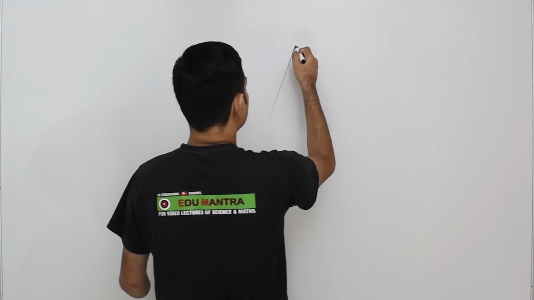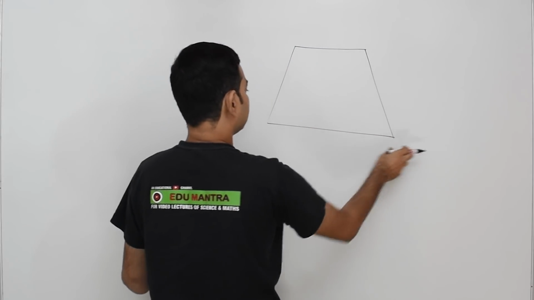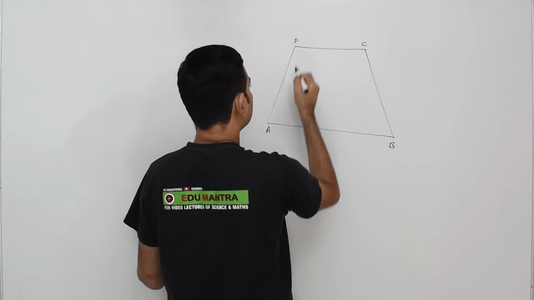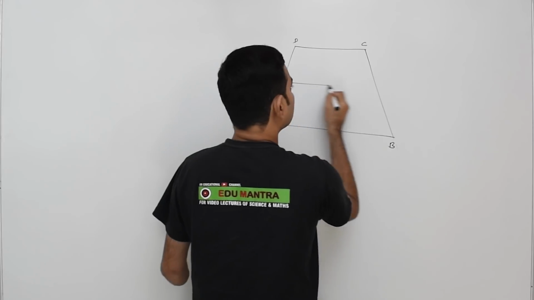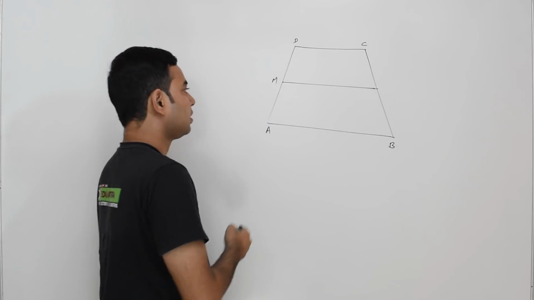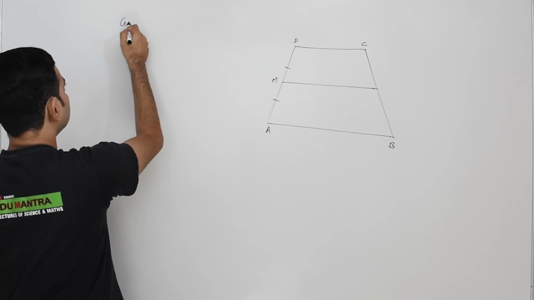A question based on trapezium. This is trapezium ABCD. So M is the midpoint of AD, given.